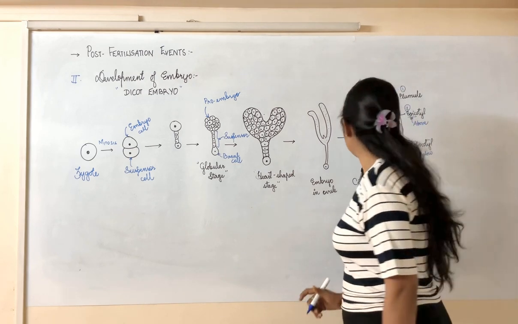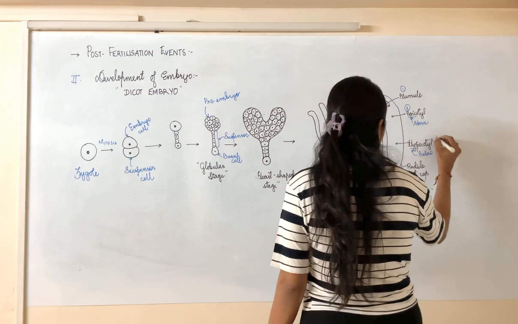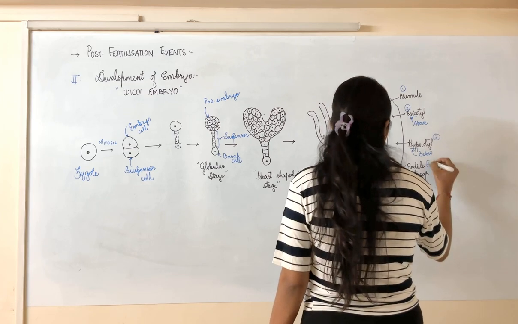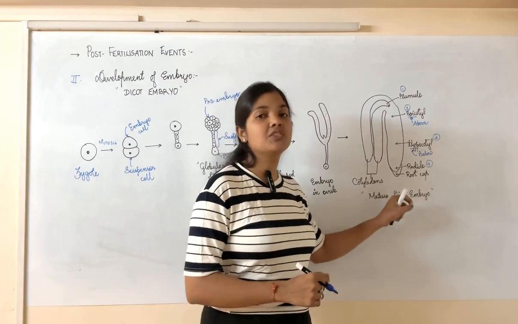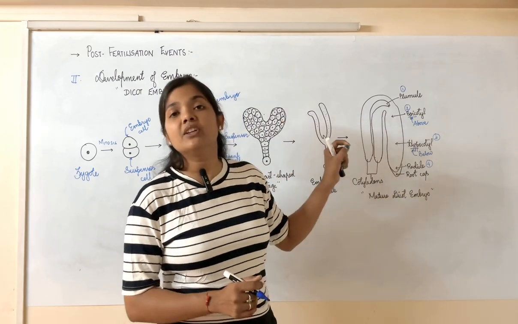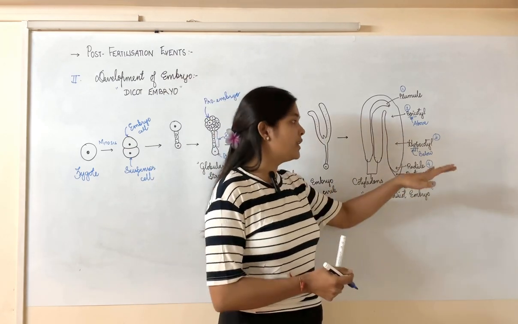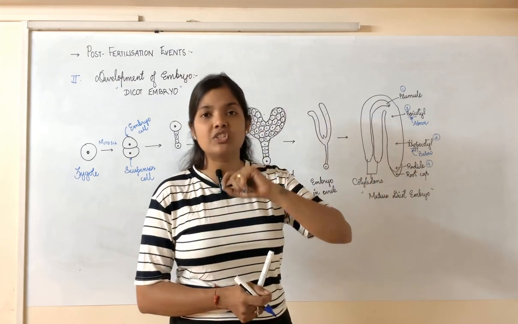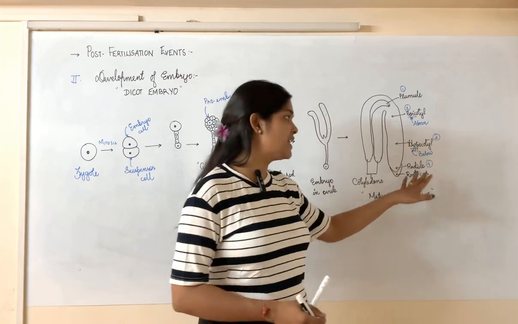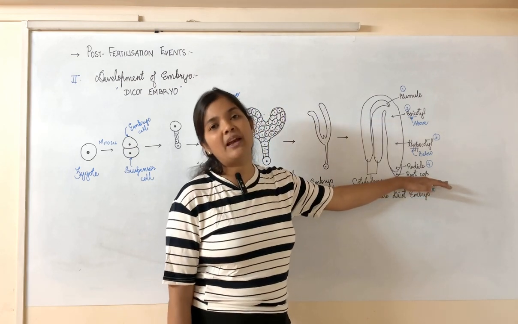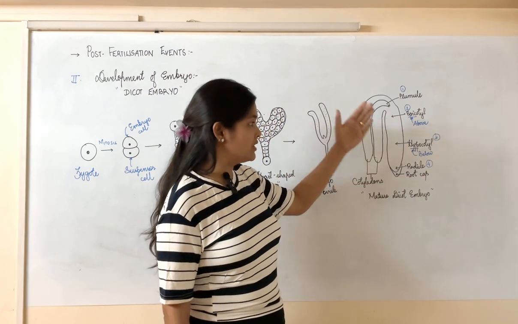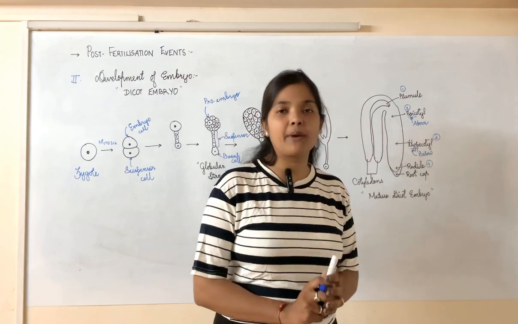Then lastly comes this region, that is the radicle. Radicle is also known as the embryonic root. It is the first structure which emerges after the process of germination. That means during germination, the white colored portion which emerges from the seed is nothing else but the radicle. And lastly, here the radicle is protected by the root cap. So this is the structure of the mature dicot embryo.